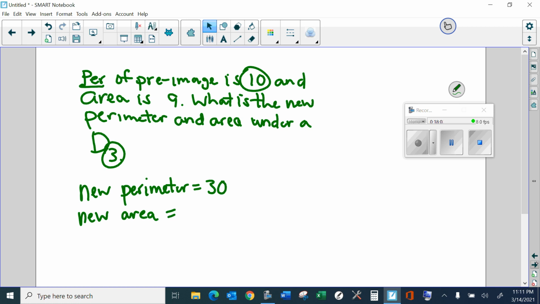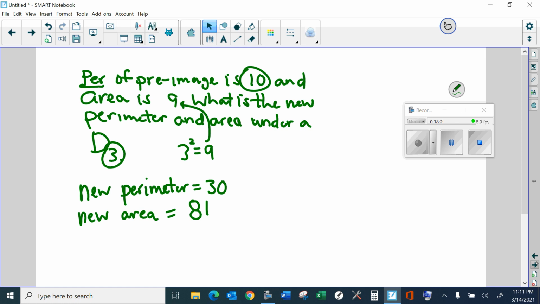Area is squared, so I'm squaring 3. 3 squared is 9, so it's going to be 9 times bigger than its original area. The original area was 9, so the new area is 81.